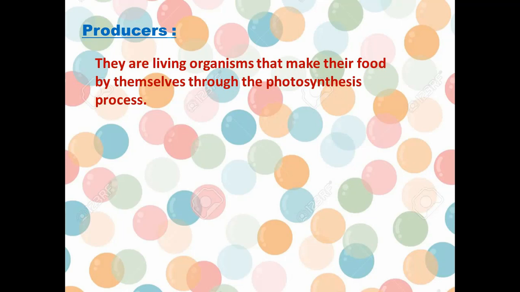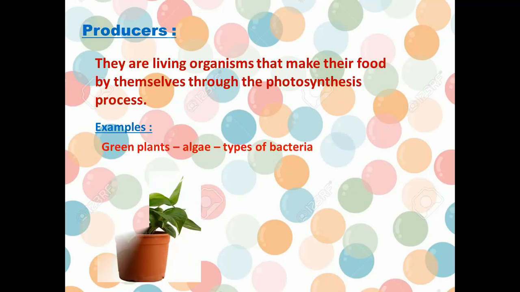Okay, now what are the examples of producers? Sure, you know now that the examples of producers are green plants, algae, and some types of bacteria. Green plants are the important example of producers.